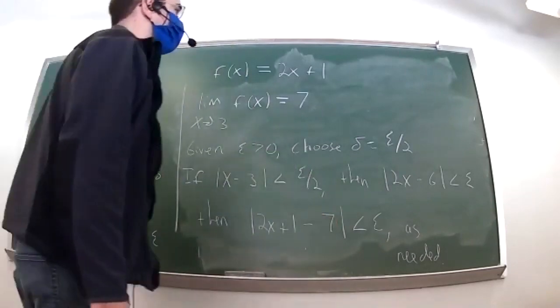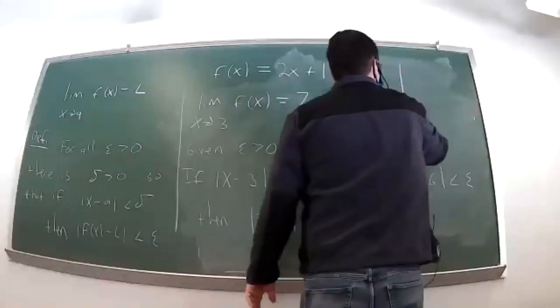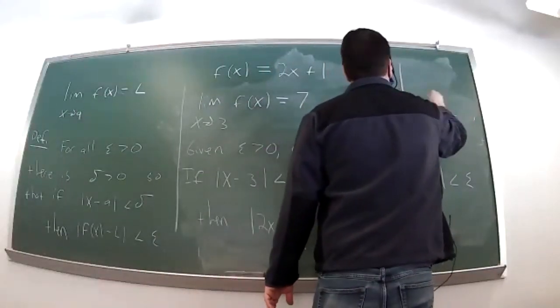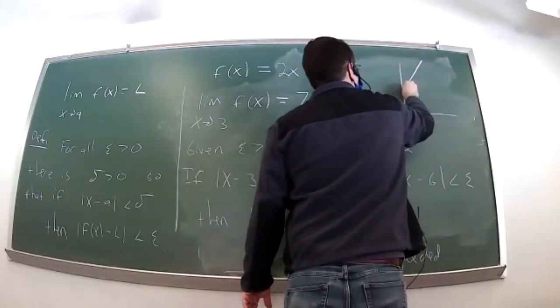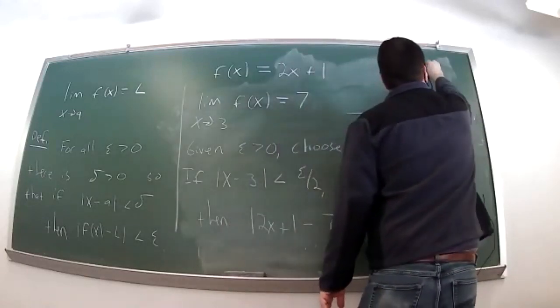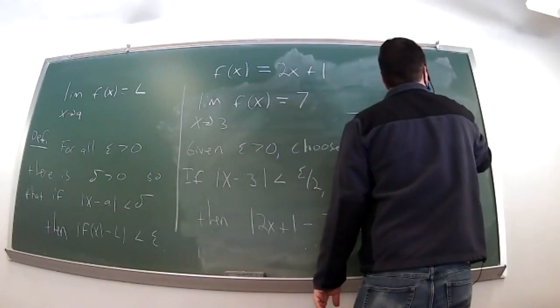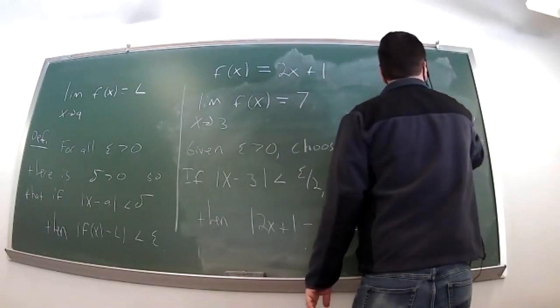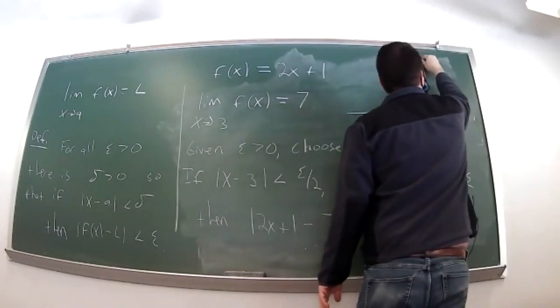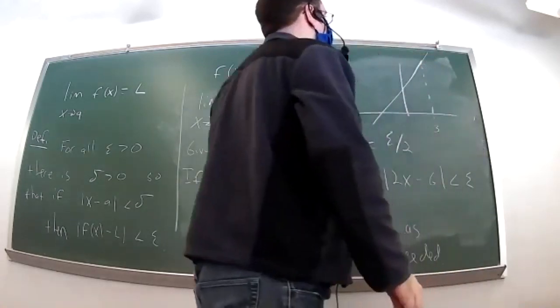And in this case, what's happening is when you draw this picture, when you get 2x + 1, and you get maybe here's x equal to 3, y equal to 7.